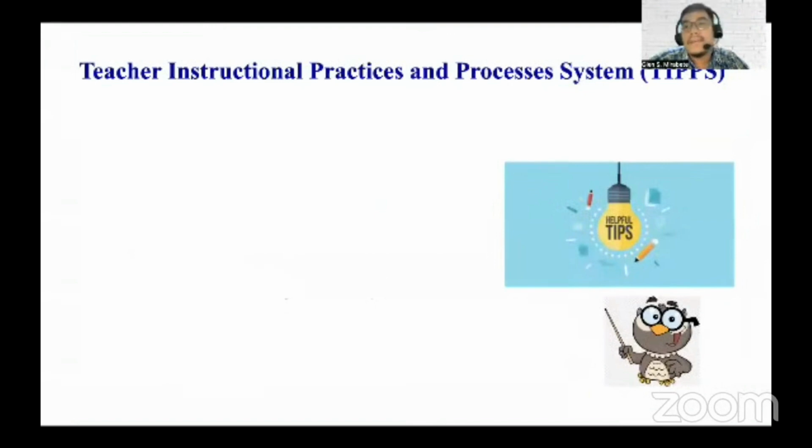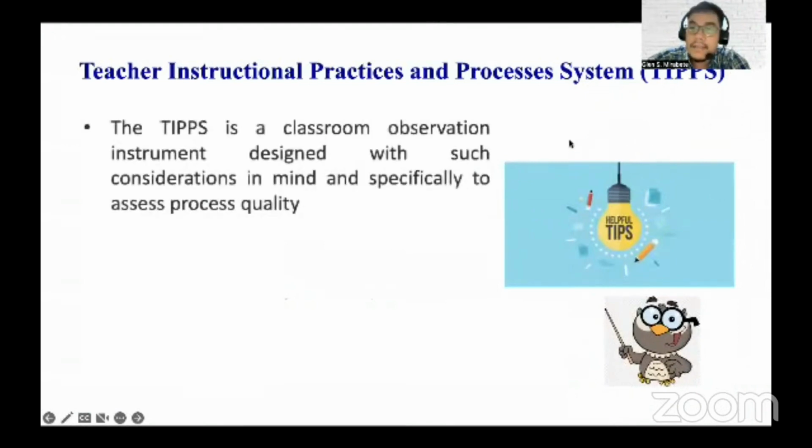This topic is about the teacher instructional practices and processes system. This is one of the tools given in the research, and it is actually a classroom observation instrument designed with such considerations in mind, specifically to assess process quality.